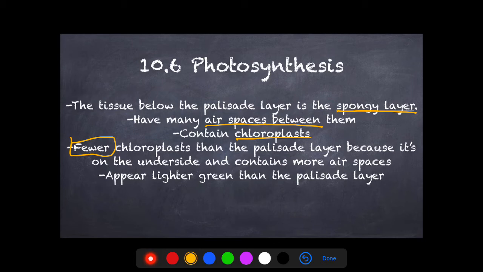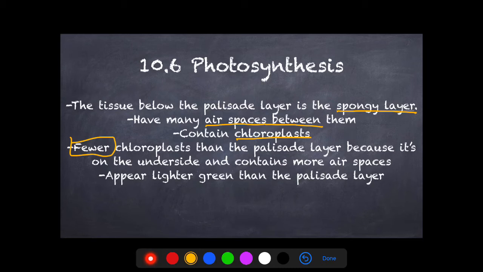The reason we don't have as many chloroplasts in the spongy layer is because it is usually on the underside of the leaf. The underside of the leaf does not get a ton of sunlight, so the amount of photosynthesis that occurs is very minimal. Therefore, you don't need a lot of chloroplasts, because the main job of chloroplasts is photosynthesis.